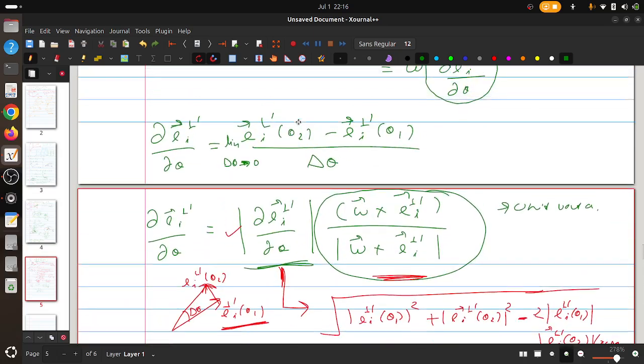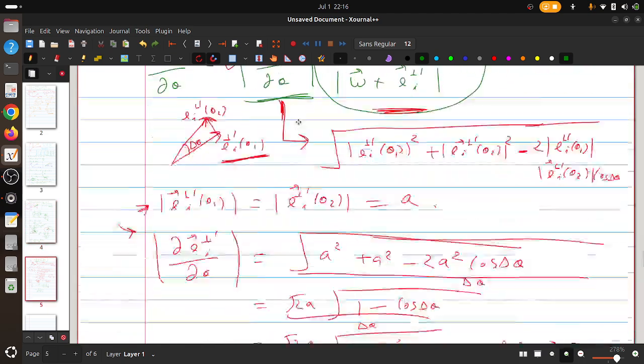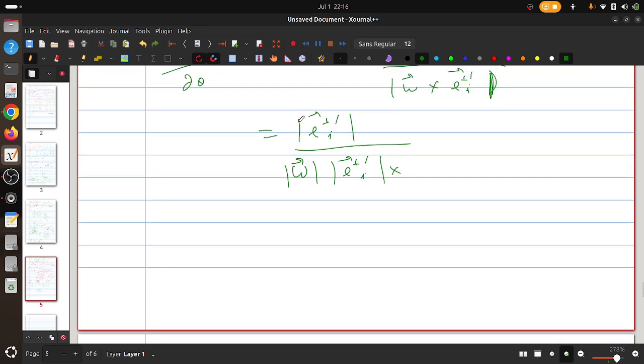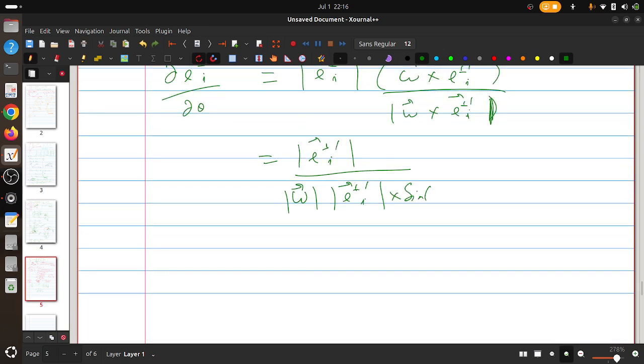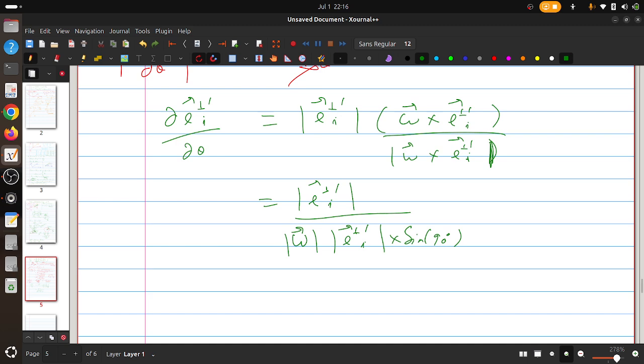But by definition, when we say that this perpendicular component is perpendicular to the omega vector, the sine of 90 is just 1. So it will be simply the sine of 90, right? When we want to write the mod, the cross product is mod A mod B sine theta.